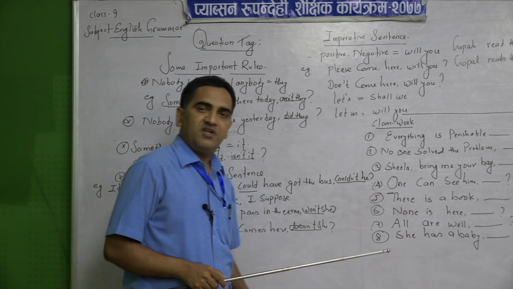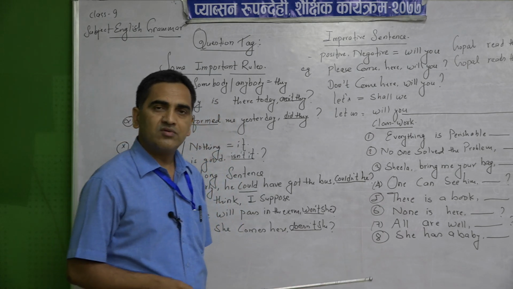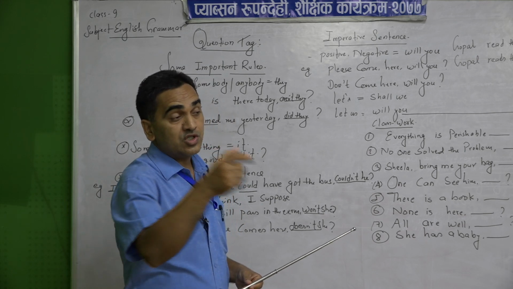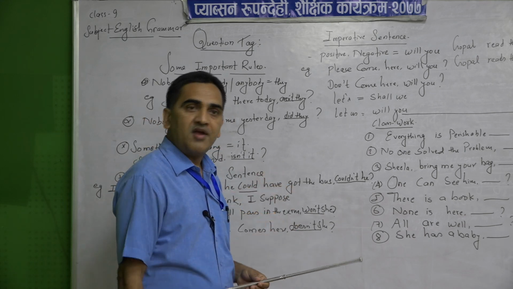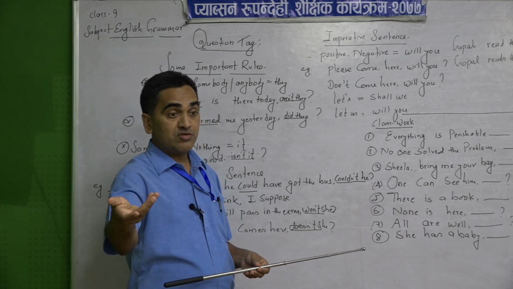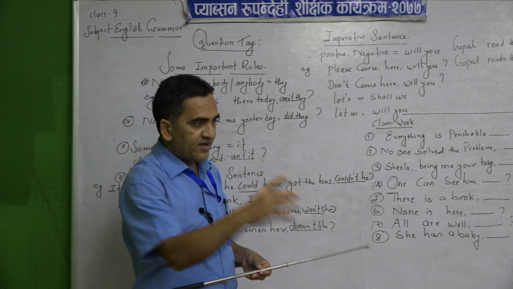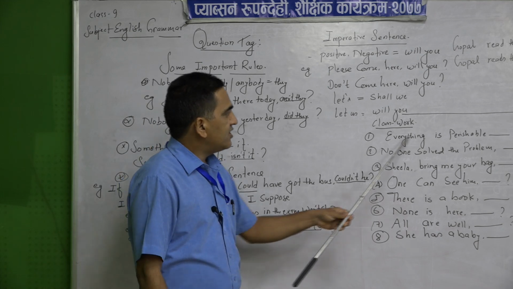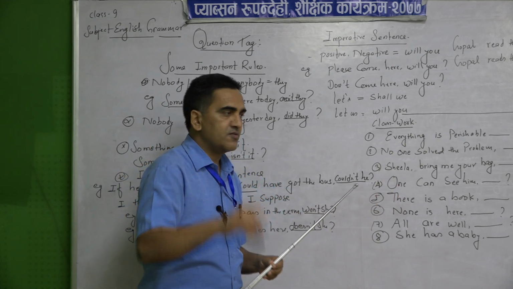What is the meaning of perishable, my dear students? You know, perishable means the things which can be destroyed quickly. Perishable goods, perishable matter. See, everything is perishable, first.